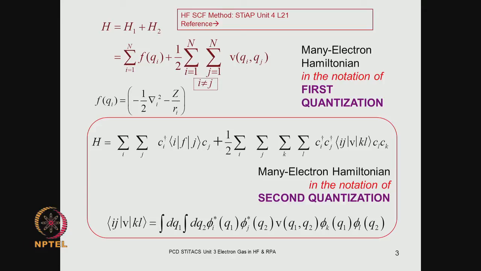Now, in the second quantization notation, the same Hamiltonian is written in this form as we have discussed in the previous unit, in unit 2 of this course. In the previous unit we developed methods of second quantization, we introduced the creation and destruction operators, and in terms of these operators we wrote the n electron Hamiltonian in the second quantization notation, and this is essentially just a matter of notation.